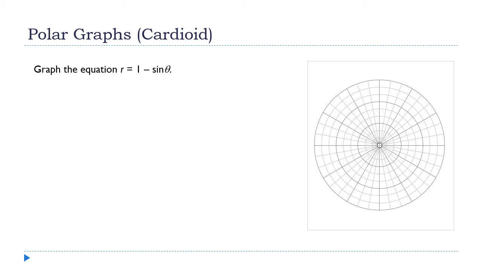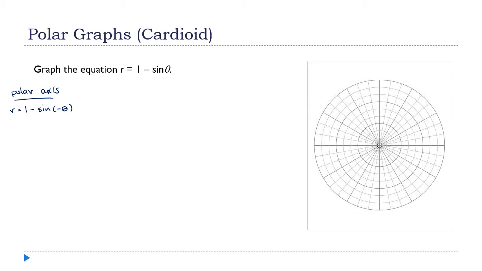Okay, so let's see. I'm going to try the polar axis. Replacing theta with minus theta, this becomes r equals 1 minus sine of minus theta.